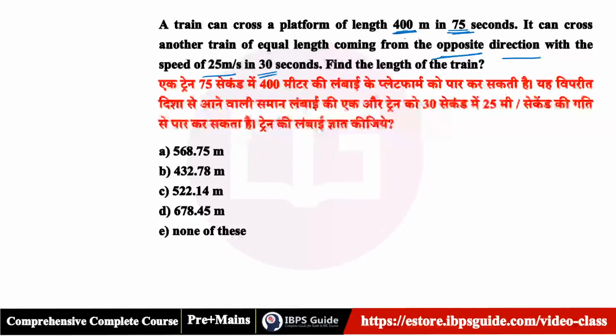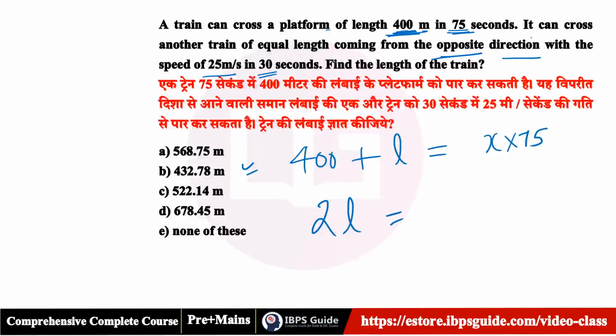Here, I can say the platform length is 400, and the length of the train is L. So speed is distance upon time, like this. This is my first equation. The second thing is it can cross another train of equal length coming from the opposite direction. Equal length means L plus L, 2L, and coming from the opposite direction means relative speed, x plus 25, into 30, like this. You have to find the length of the train.